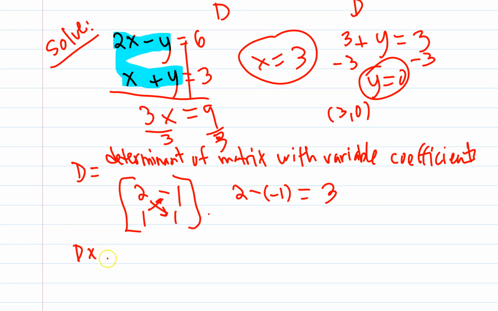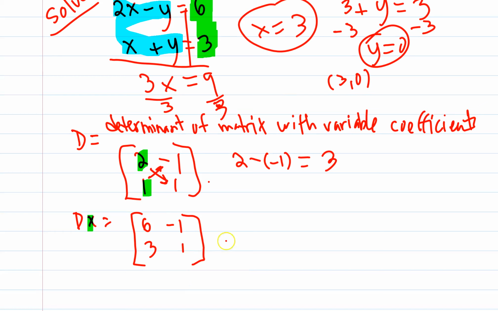What I do for dx is I take the constants right here, and they get replaced for the x, for the 2 and the 1. So I take the same matrix, but I replace that 2 and the 1 with the 6 and the 3. And then I have the other two numbers.